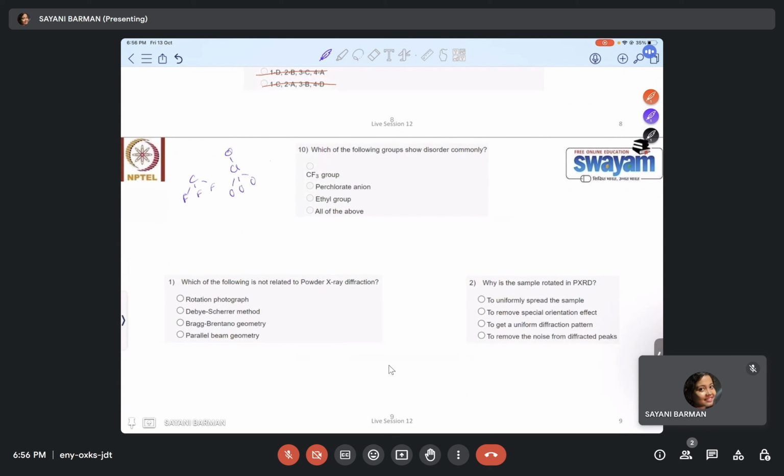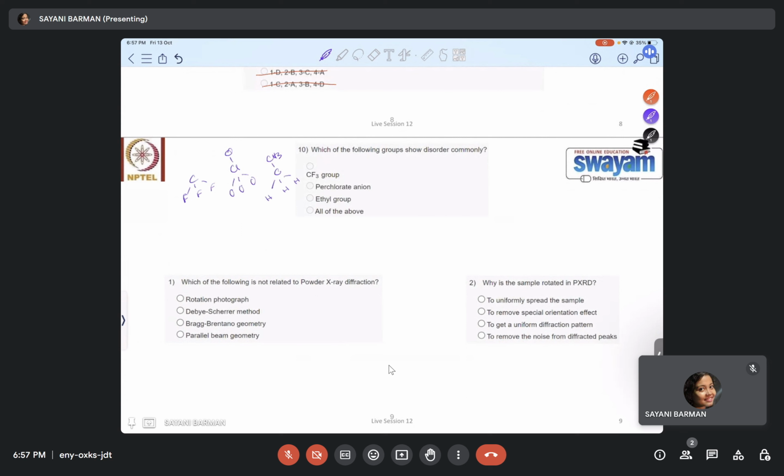The ethyl group is CH3, CH2, right? So from the structures, what are the common things you can look at? All of these structures are almost showing tetrahedral geometry.